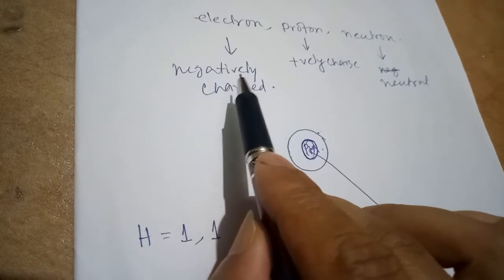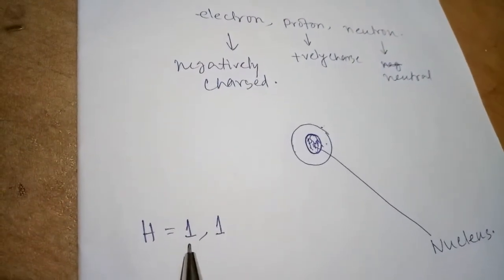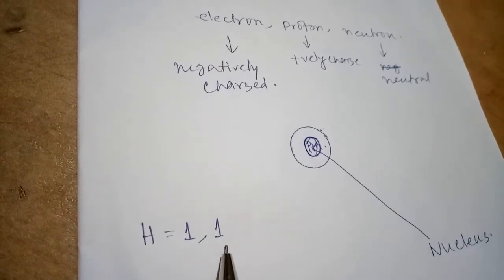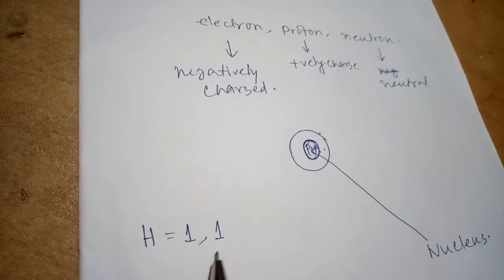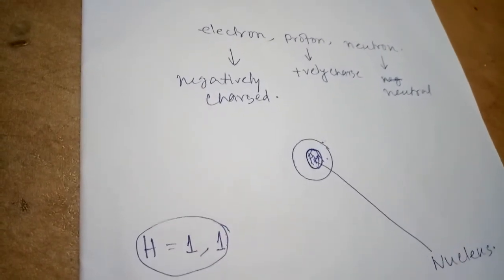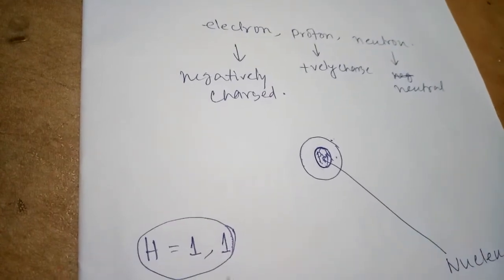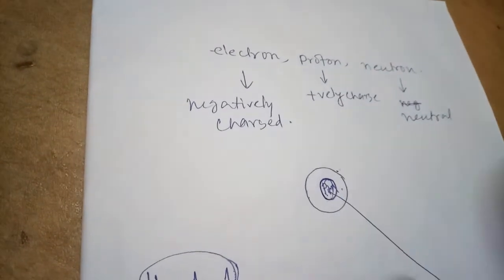Electrons are negatively charged and protons are positively charged. If the same numbers of positive and negative charges are present, that atom is regarded as electrically neutral. So in an atom there is no net charge.